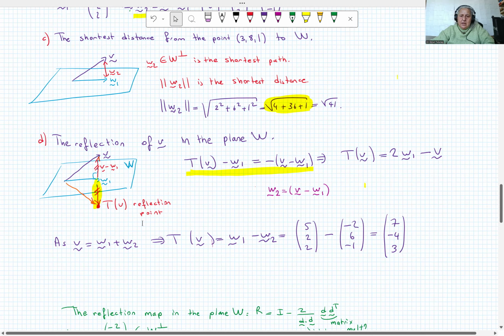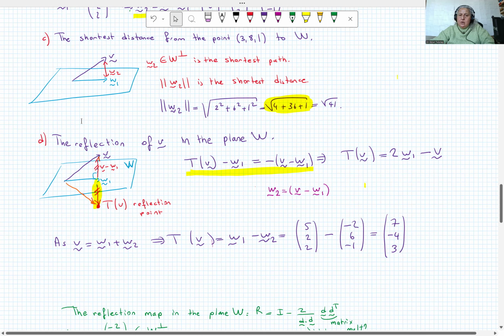Or you can rewrite that: W1 minus W2 will give you TV. So you can write this directly from the vector addition equation from here. This one directly is perfectly fine, or you write this down, produce this equation, and then use this equation to find this. It's perfectly fine. This one or this one gives you exactly the same result. So the reflection will be W1 minus W2, which is this vector.